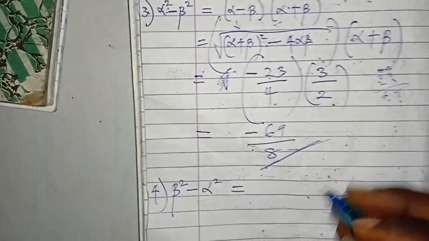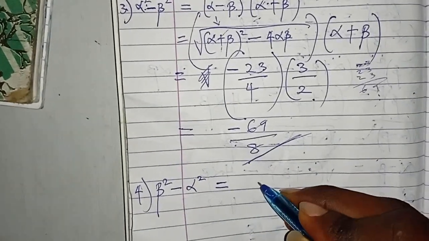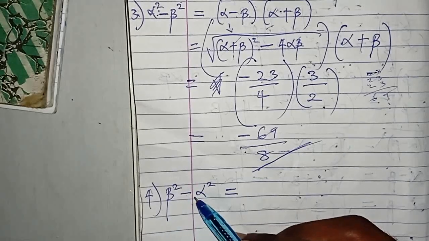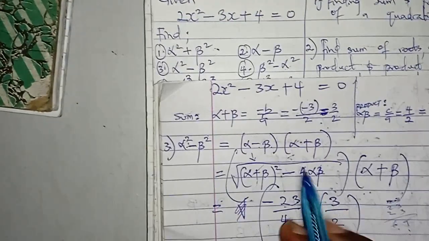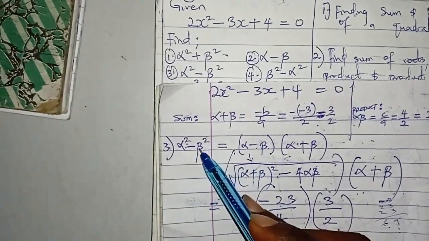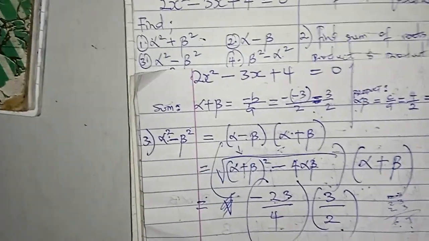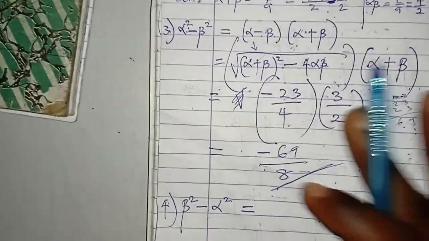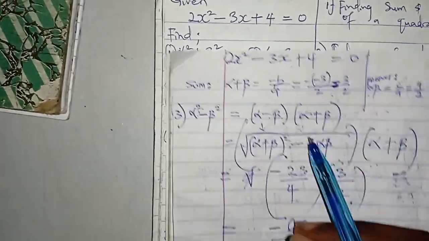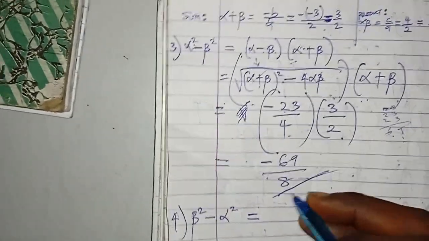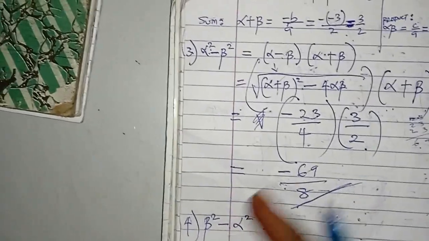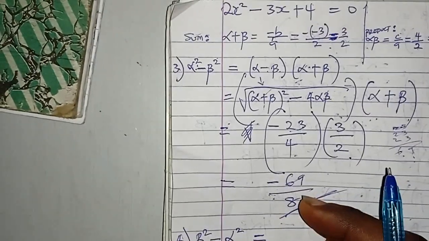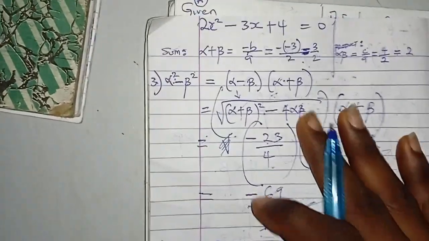If you look at this very well, this is beta square minus alpha square, and here we have alpha square minus beta square. They are almost alike. This is also a difference of 2 squares. But notice that something happens. Let's just look at it critically.